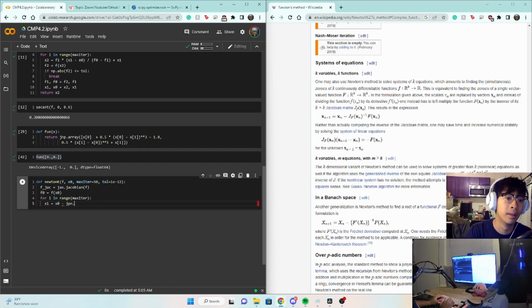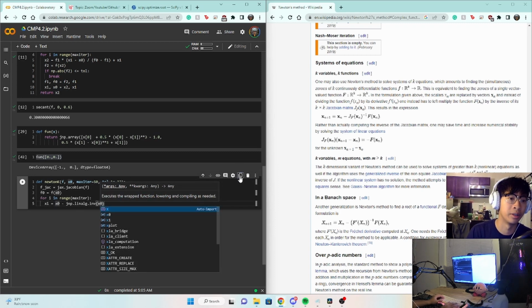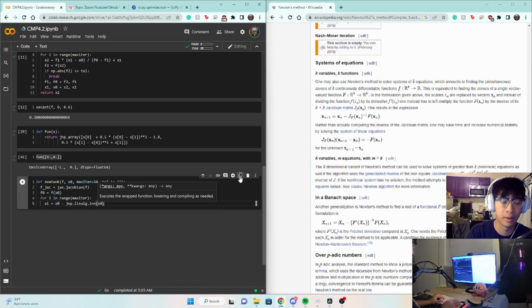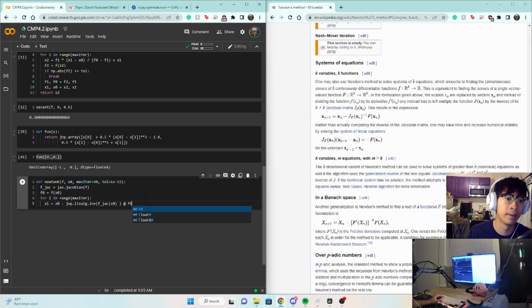We'll do jnp.linalg.inv, evaluated at the previous x value. Actually, f_jacobian evaluated at the previous x value. That's what I was looking for. And multiplied, not just any multiplication, matrix multiplication, by the function evaluated at the previous x value. That's our new x value.